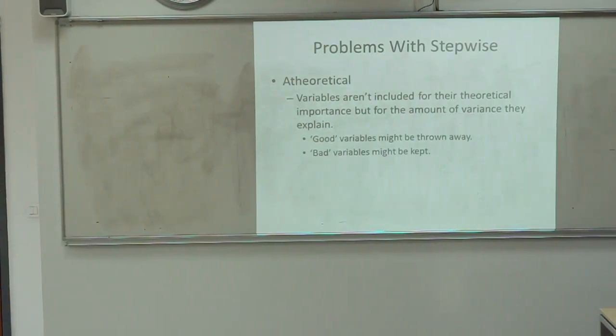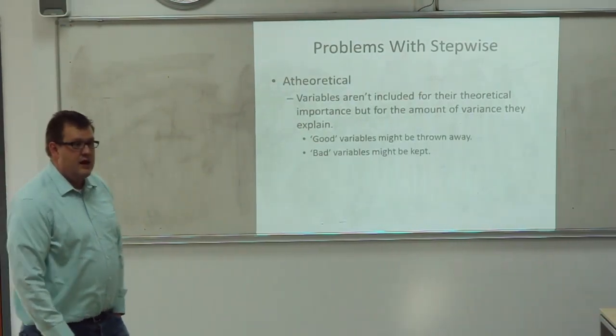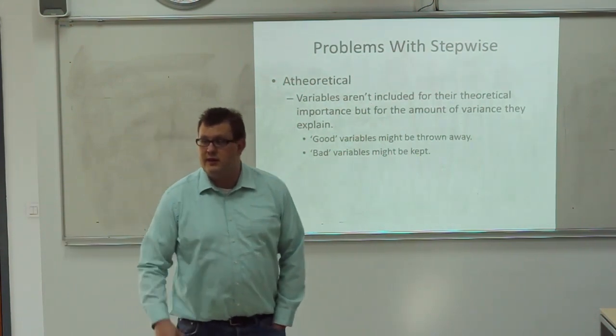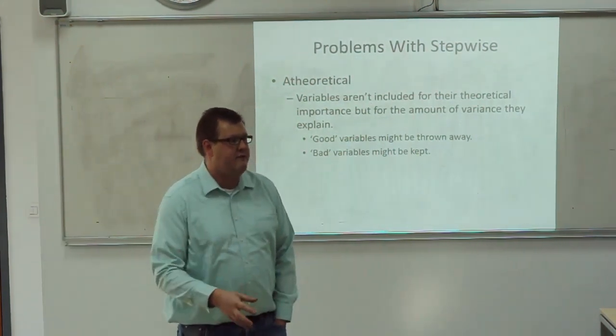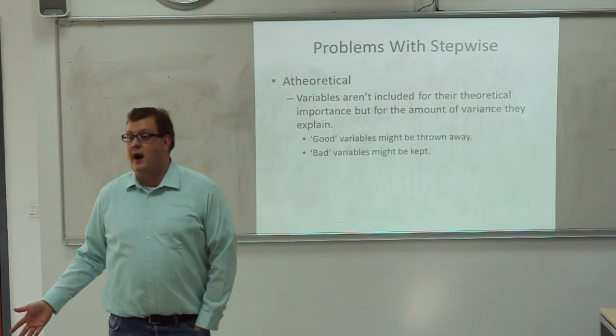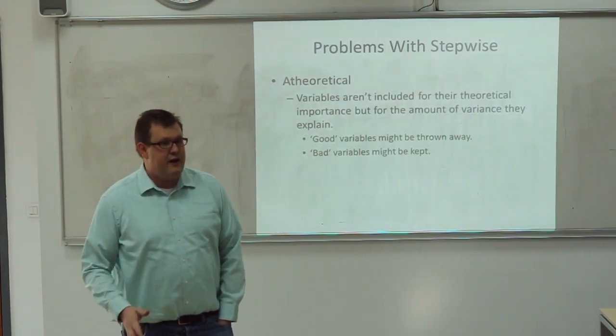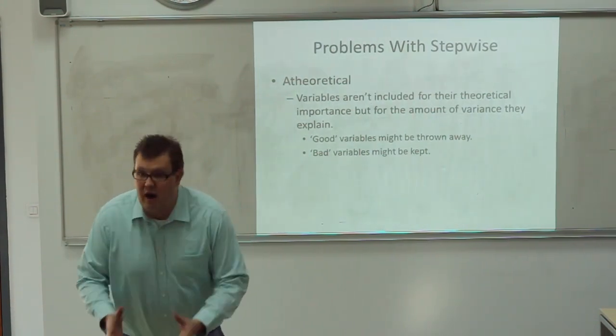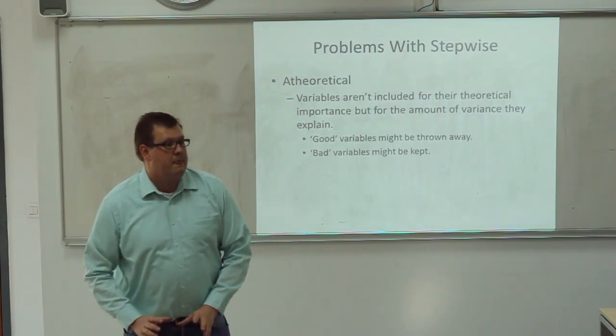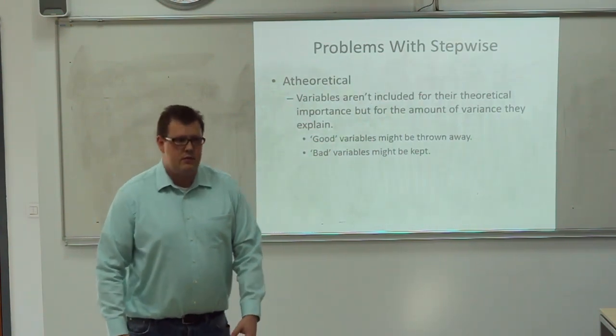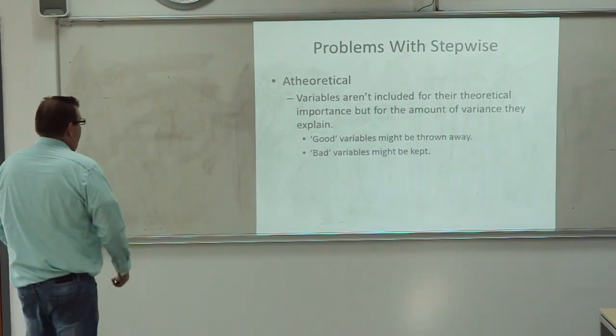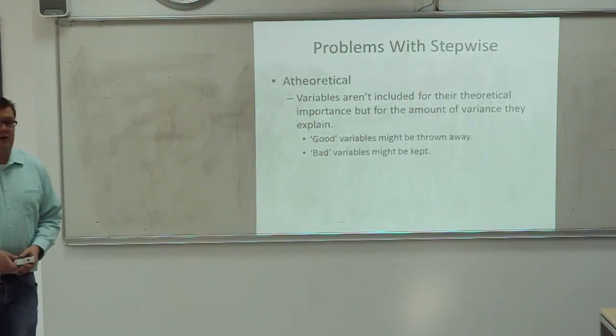This means that some good variables, some variables that theoretically should be included, that theoretically should explain a lot of the variance, might never make it into the model because other variables that maybe aren't founded so much in theory explain more. So what should you do?